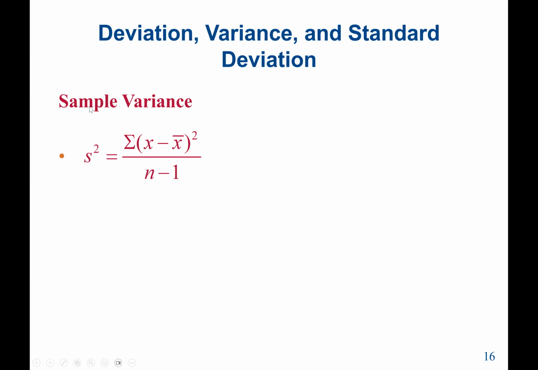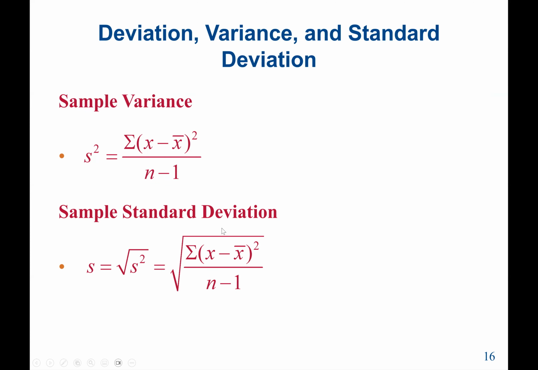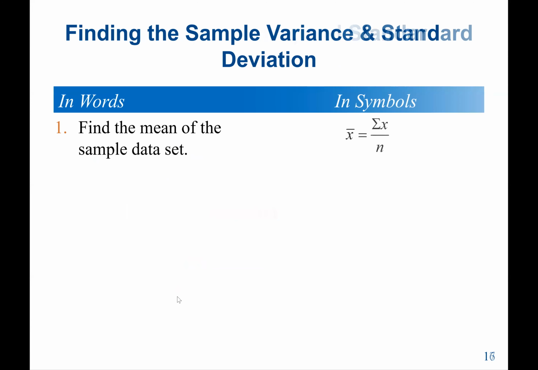Next, we are going to do the sample variance. Now, the difference in the formula is that instead of dividing by the sample size, we divide by the sample size - 1. Then all the steps are the same. We find the square root of the variance. So first, again, we find the mean of the sample data set.